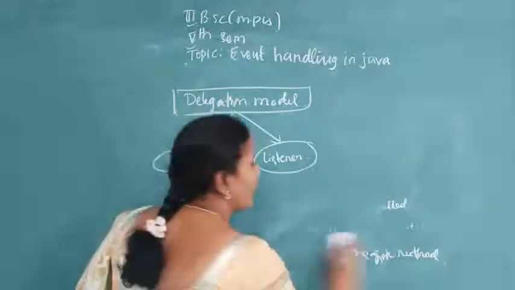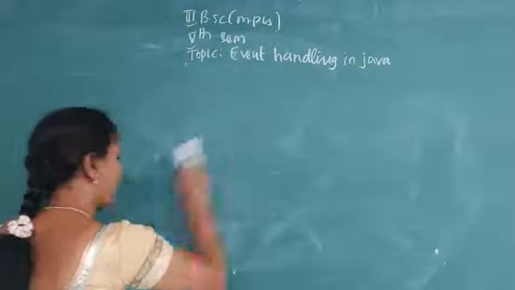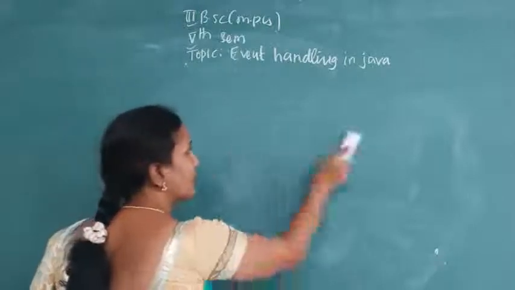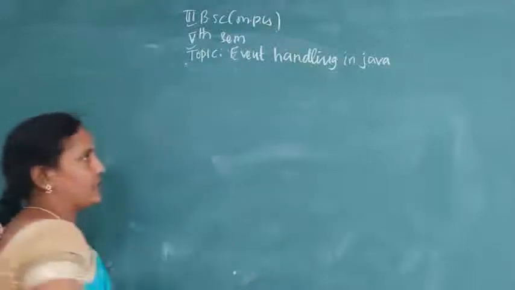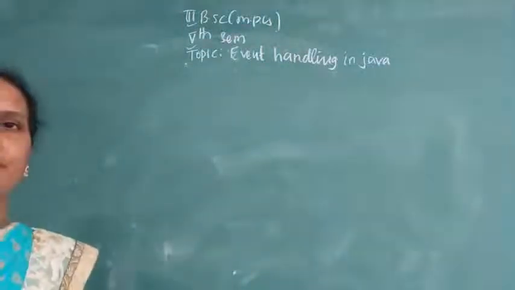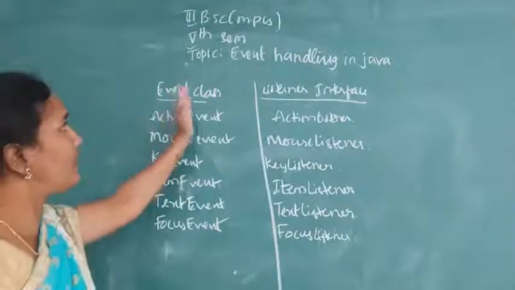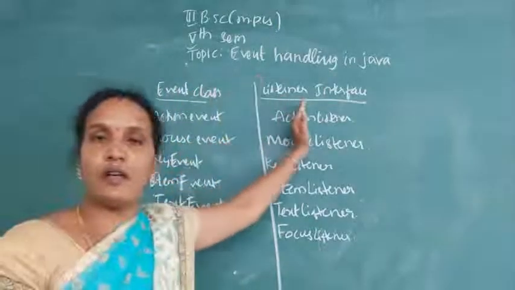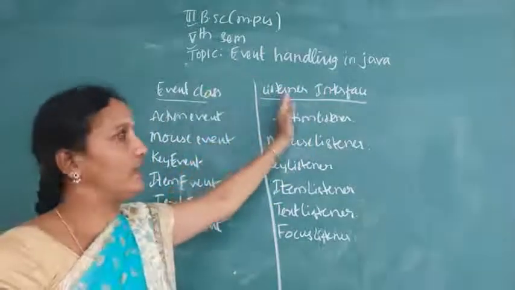Now I will give you different types of listeners, so you can see which listener should be called when the event is performed. First I will give you the list. Here we have different events and listeners: the event is the source and the listener is the interface.